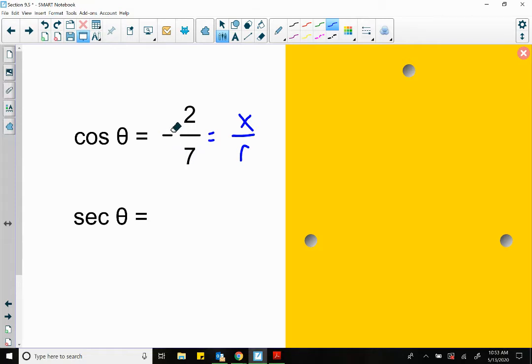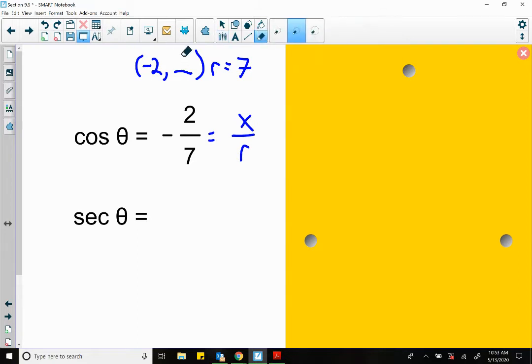That negative will actually go with the 2, okay? Because that's the x value. So in here, we know that we have a negative 2, comma, something, where the r value is equal to 7, okay?